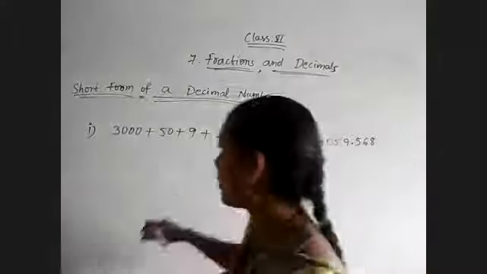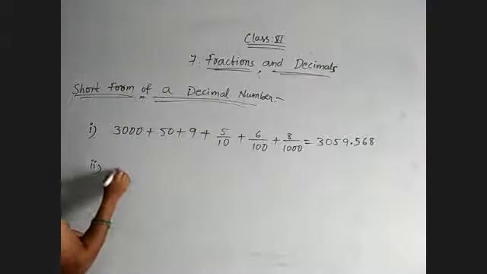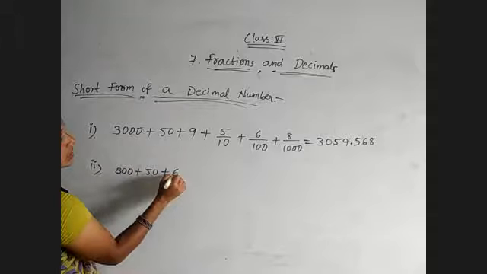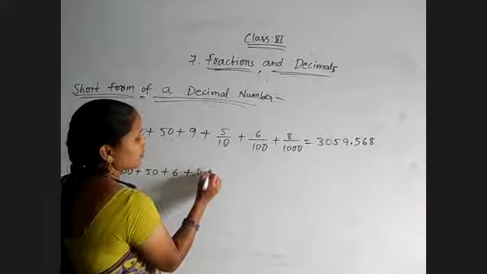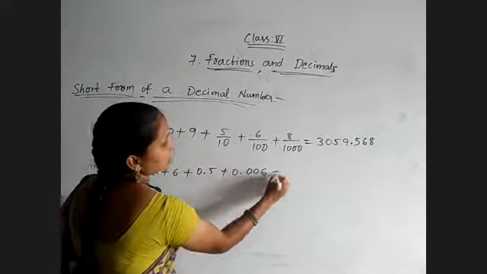Now, if I have the expanded form 800 plus 50 plus 6 plus 0.5 plus 0.006 is equal to.